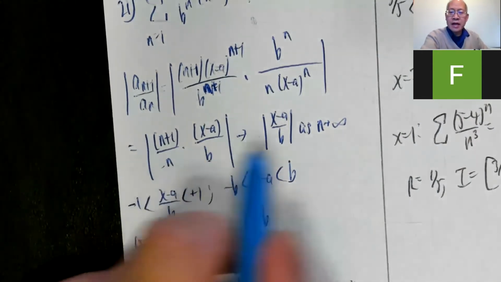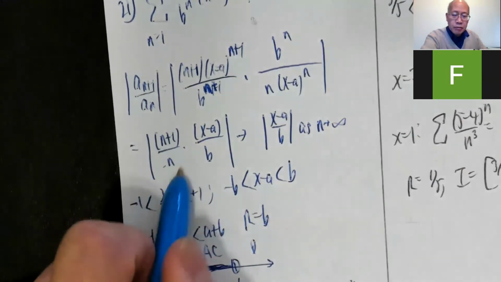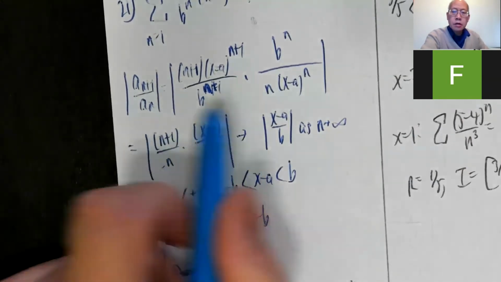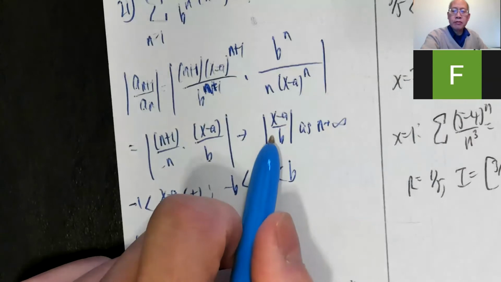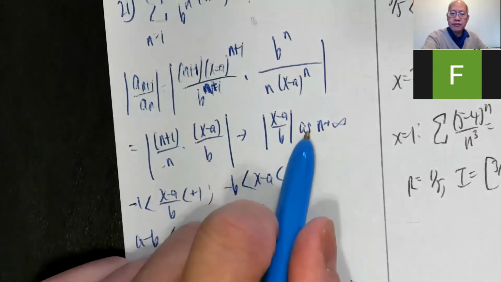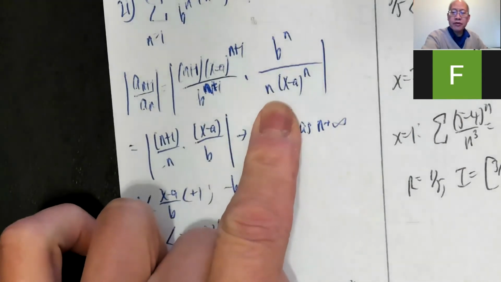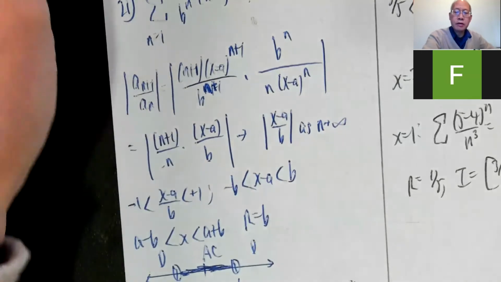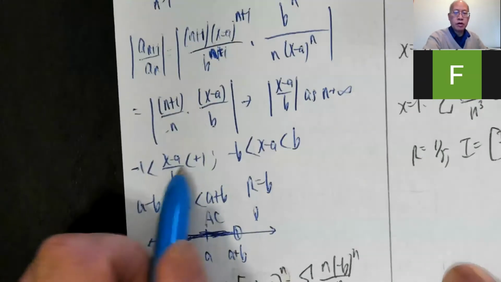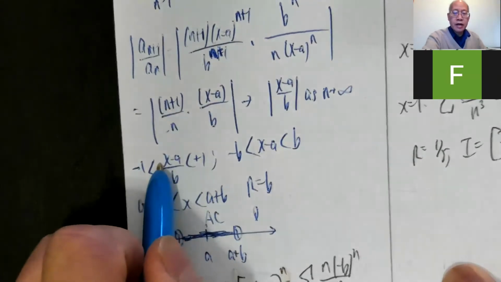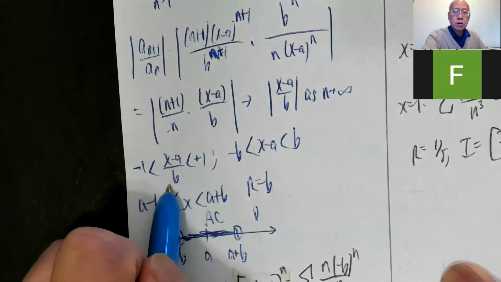Okay, and now let n approach infinity. This thing approaches 1. So I have the absolute value of x minus a over b. When will this converge? Well, when the thing behind my finger is less than 1 in absolute value, which means it's between negative 1 and 1. So negative 1, positive 1, x minus a over b.